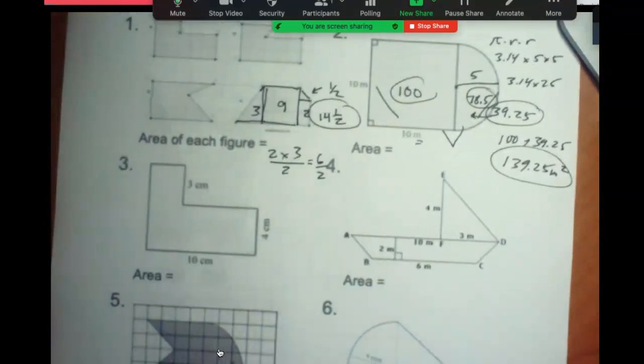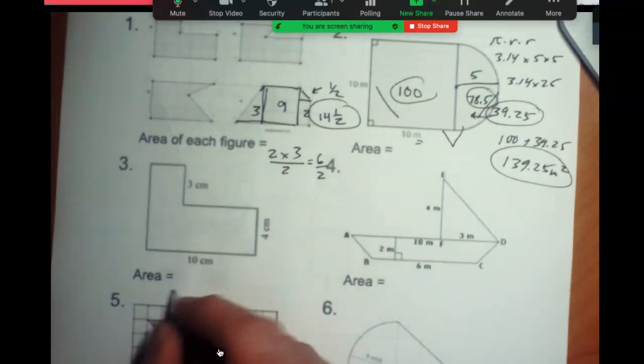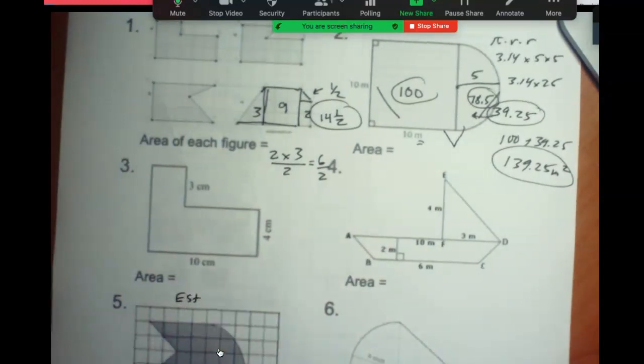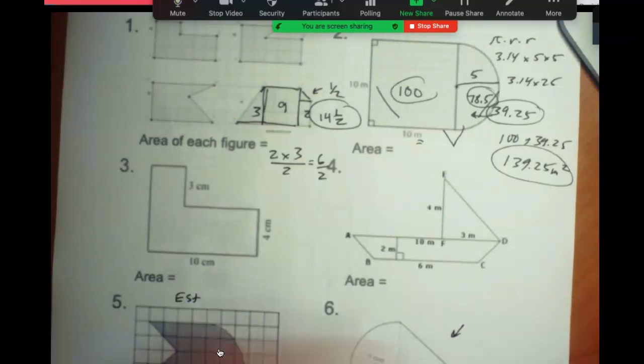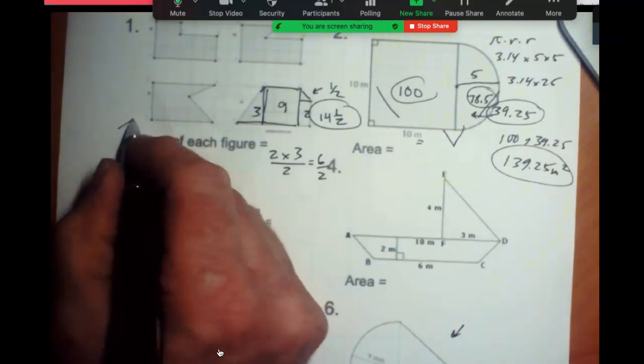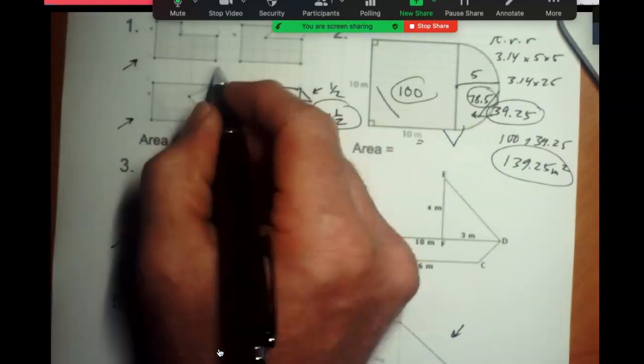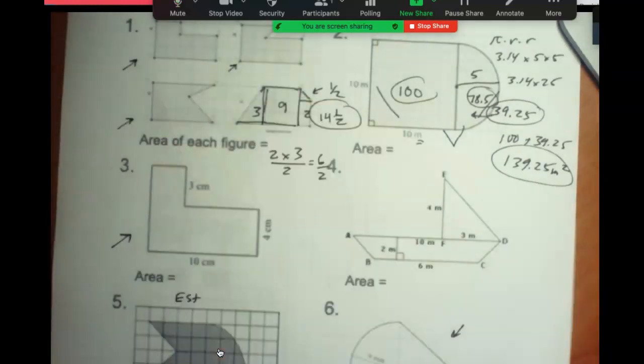Down here on this one here, I'll have you estimate this one. Again, by counting on this one here, I will have you just go ahead and find the actual area. This one here, you have everything you need to find the actual area. These ones too, you can find the actual area because we have straight lines.